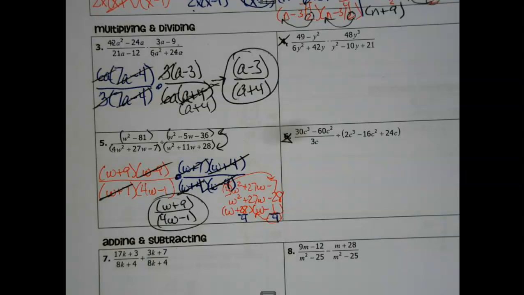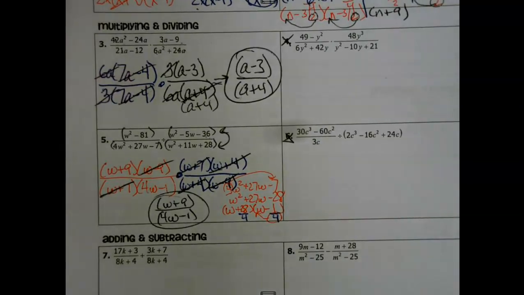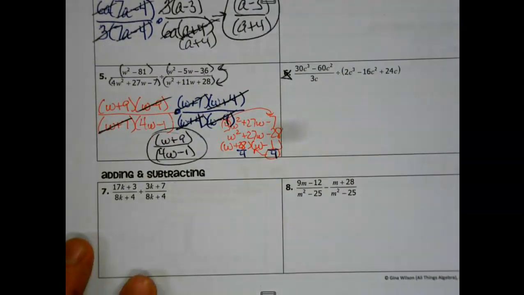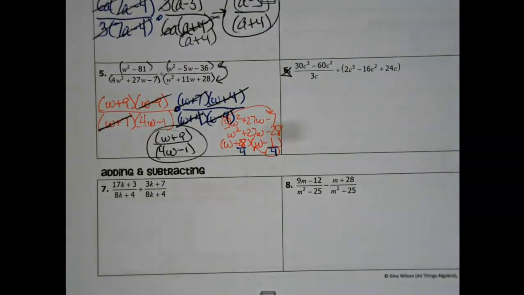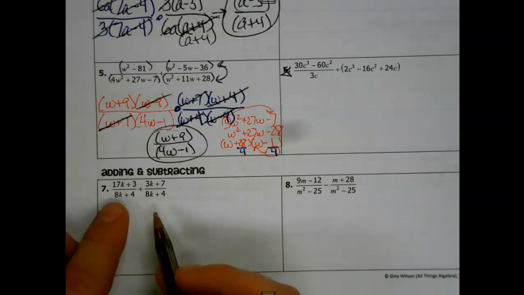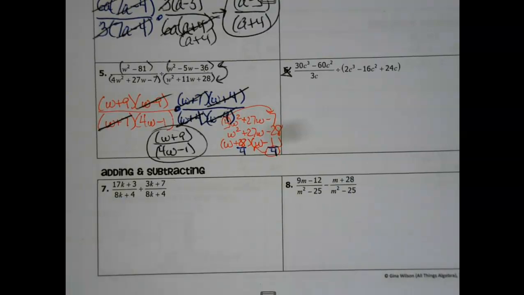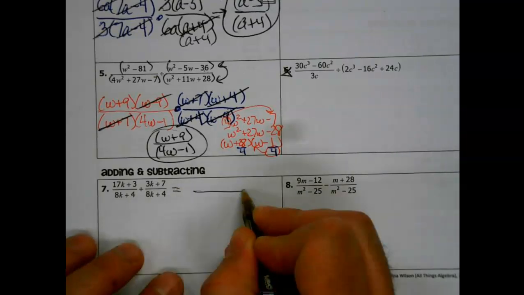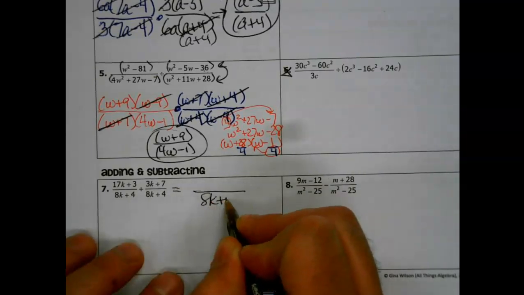So we're stuck. Now, when you're adding or subtracting, okay, this seemed to be the sticking point. We'll start with 7. If your denominators are the same, don't mess with them. Just leave it alone.